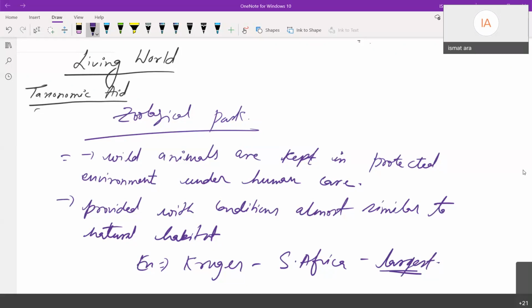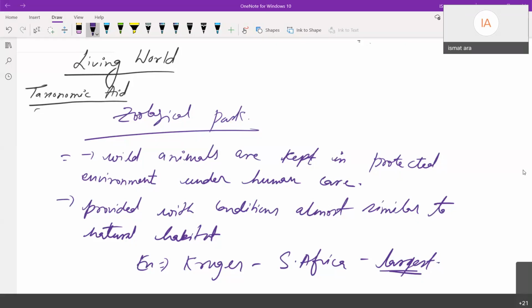If you go to the tiger section, their cave is there. A large area is surrounded. The cave is there so that tiger can take rest. And sometimes tigers are also put in a cage. Go to the hippopotamus section. There you will get a pond, an artificial pond, where they have put the hippopotamus.